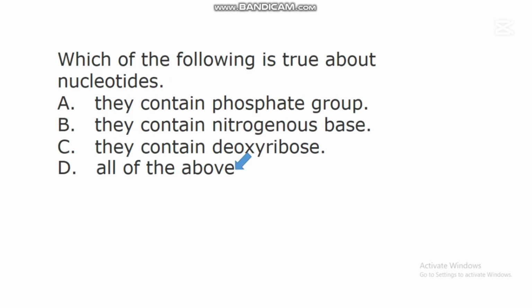Research has shown that these small molecules of DNA known as nucleotides contain phosphate group. They also contain nitrogenous base, and they contain a sugar or a carbohydrate known as deoxyribose. All these things make up the nucleotides of a DNA molecule.